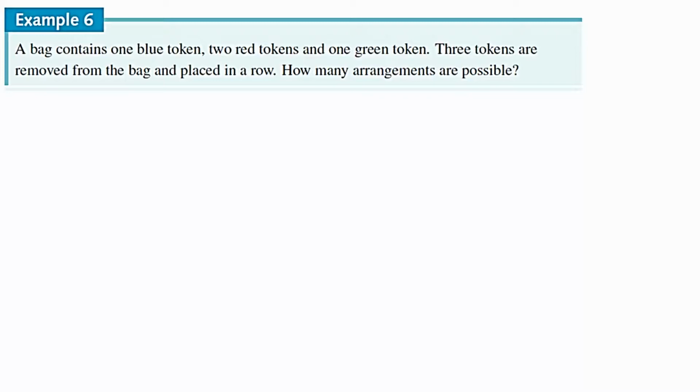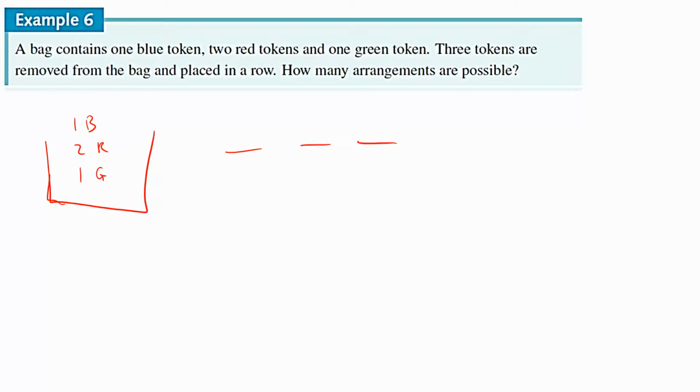Start drawing it if you want. So you've got a bag. 1 blue, 2 red, 1 green. 3 tokens are removed from the bag, so that means you're choosing 3 from the bag and placing them in a row.